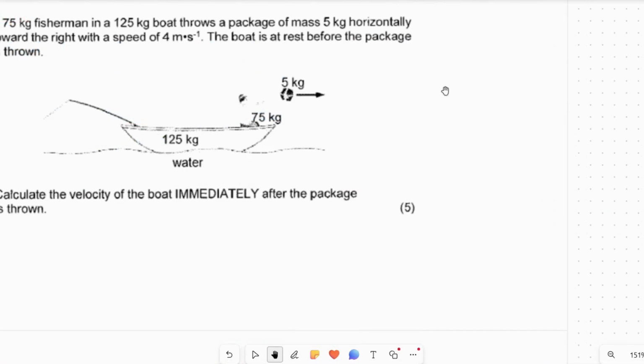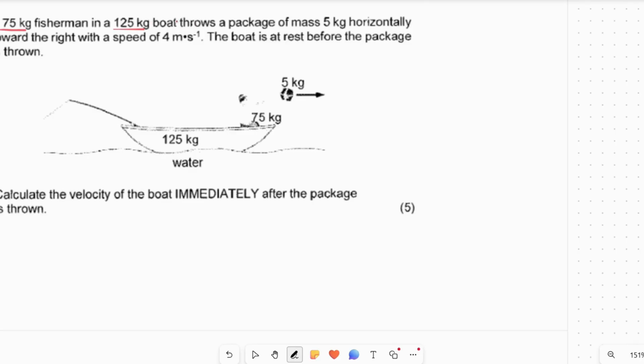All right, then example number 3. So let's look at that example. How can we approach it again? So when you're looking at this one, they are telling us that there is 75 kilogram of the fisherman. Then that fisherman is in a boat, there is 125 kilogram. But there's something happening here.